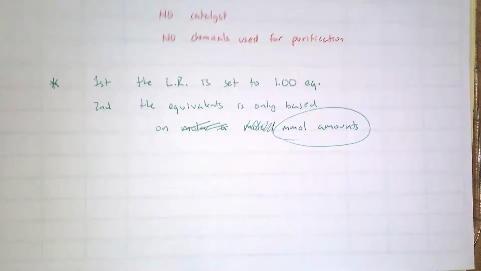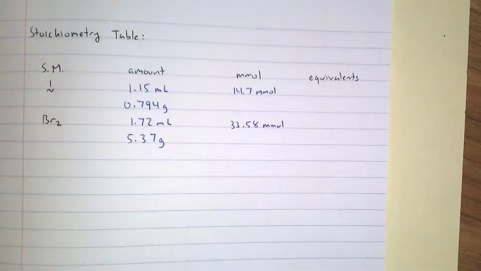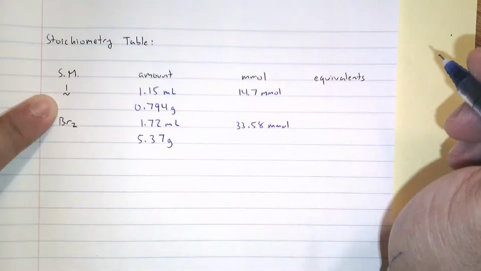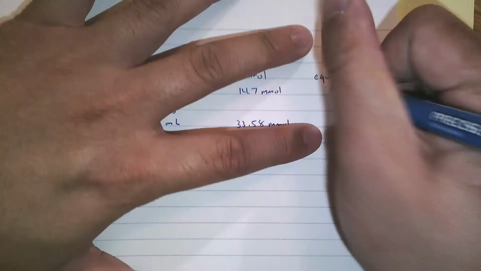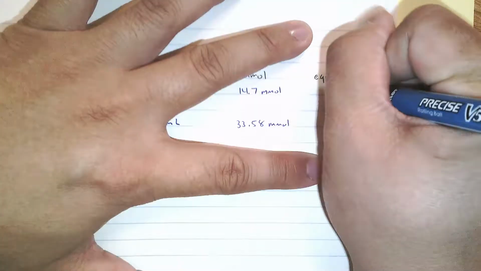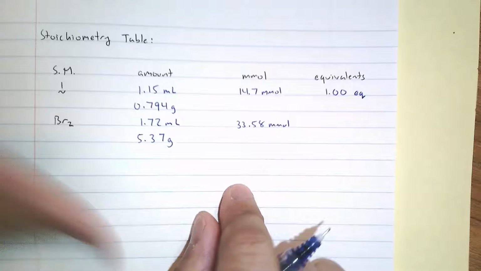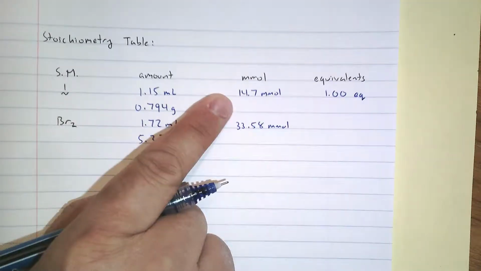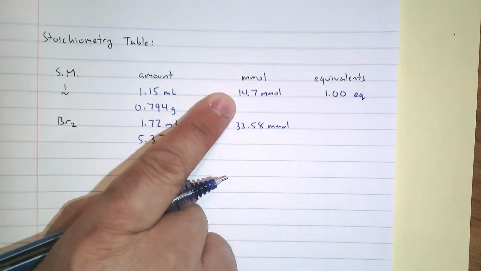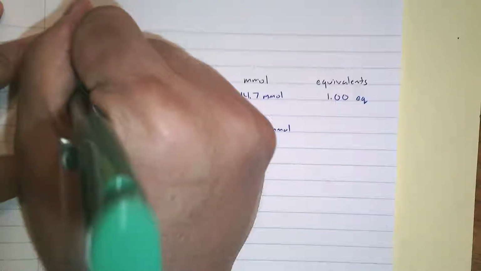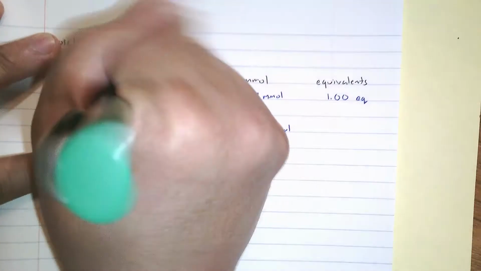Okay, so while we have this fresh in our minds, the equivalence for the limiting reactant should always be set to 1.00 EQ. It doesn't matter if this is bigger or smaller. We established that this is the limiting reactant. If you establish that, this is automatic.